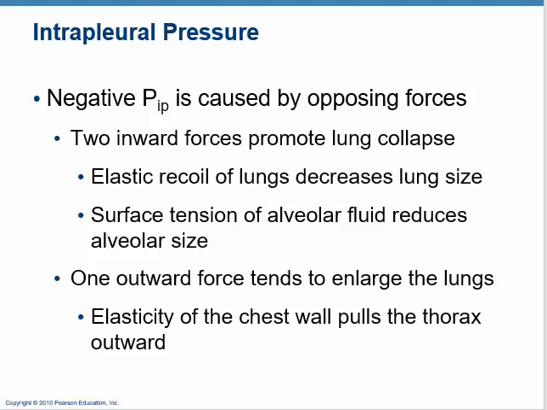So the inside of the alveoli is wet, and that liquid, that water, has a surface tension. Water molecules are attracted to one another, and so by pulling, this tissue is so thin and so delicate that that force is significant enough to make the lungs want to get smaller.